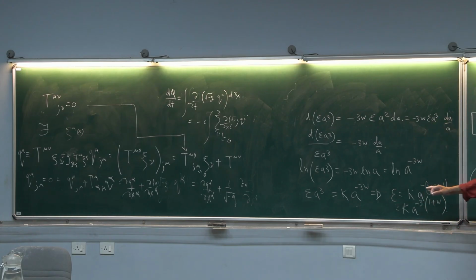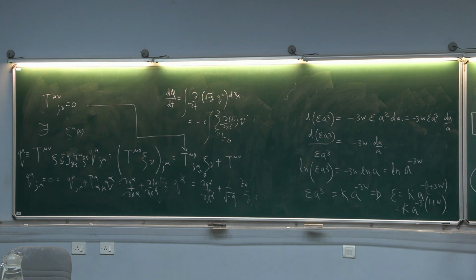Okay, so energy density of any matter for which W is constant goes as this. So therefore, let's see what happens when W is 0 for dust. If W is 0 for dust, we find energy density goes as 1 over A cube.